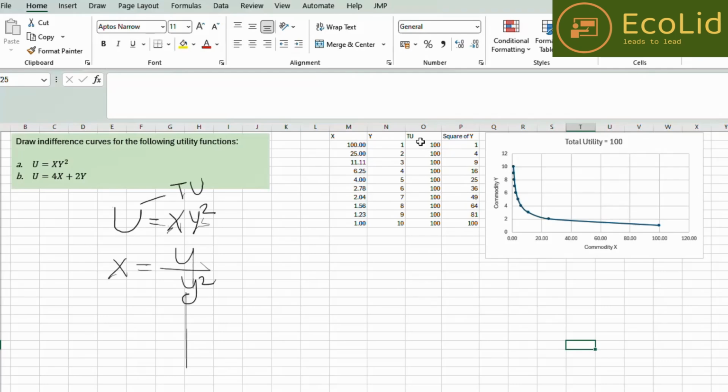You can consider any value of total utility. There is no mandate for it, but what you need to remember is to first find out the values of x by using the relationship that you identified from the utility function. Now the first problem we have solved. Let's move to the next problem.